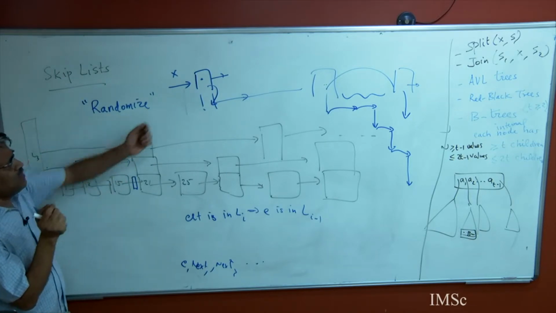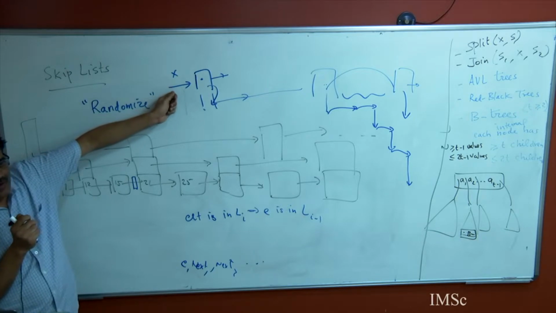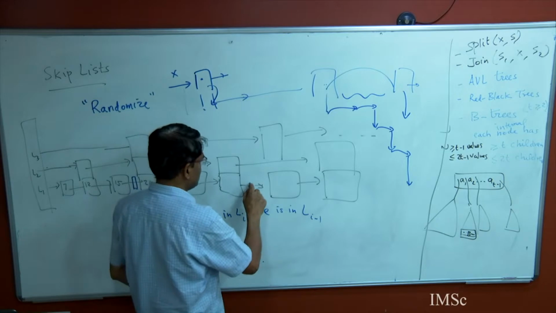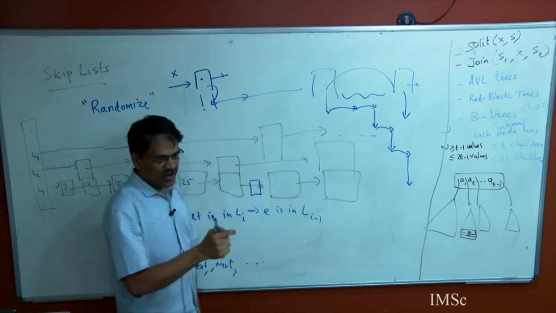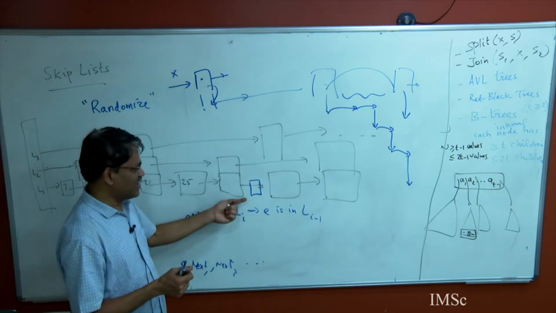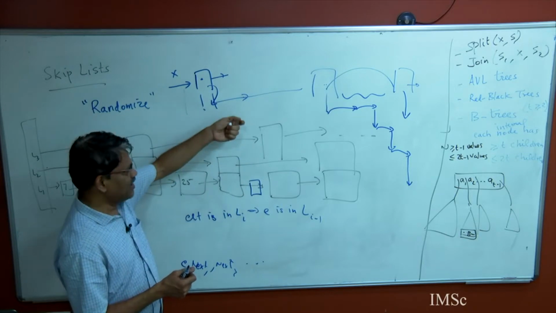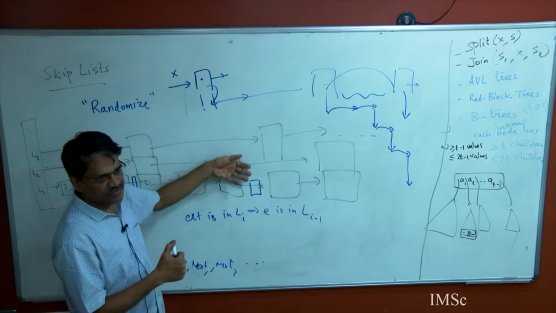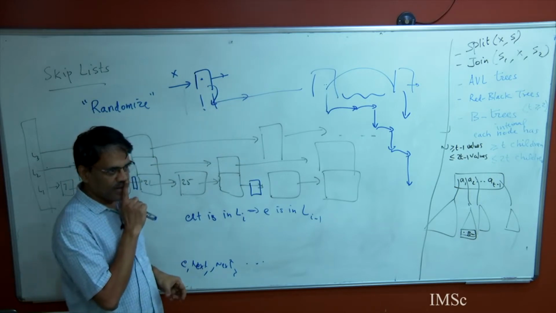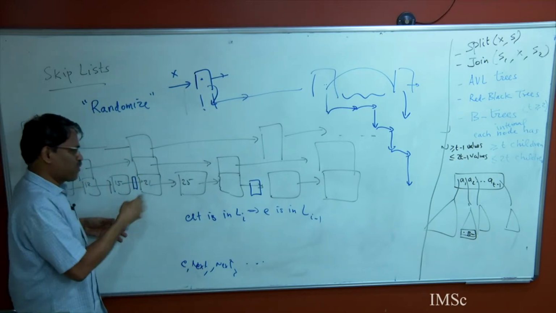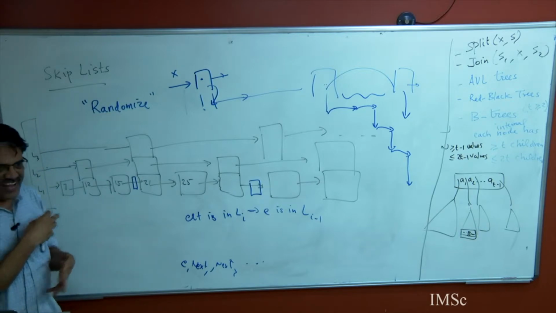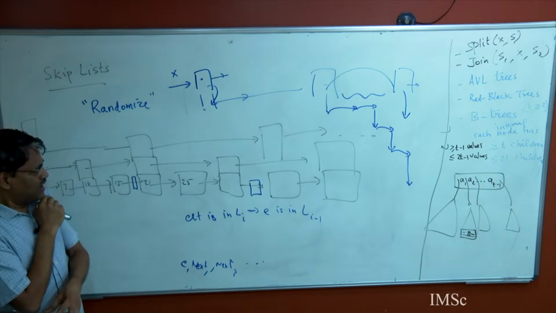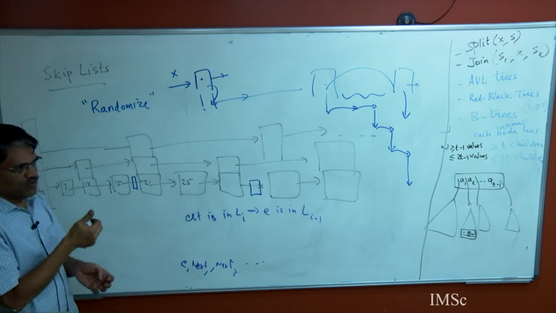The search is the same because I start from the topmost list, compare and figure out where I want to insert. Let's say I want to insert here. Now I toss coins to figure out which other lists to insert into, and I stop if I get a tail. So now whatever nice properties we argued can be argued in expectation, because it's just a fair coin with probability half.